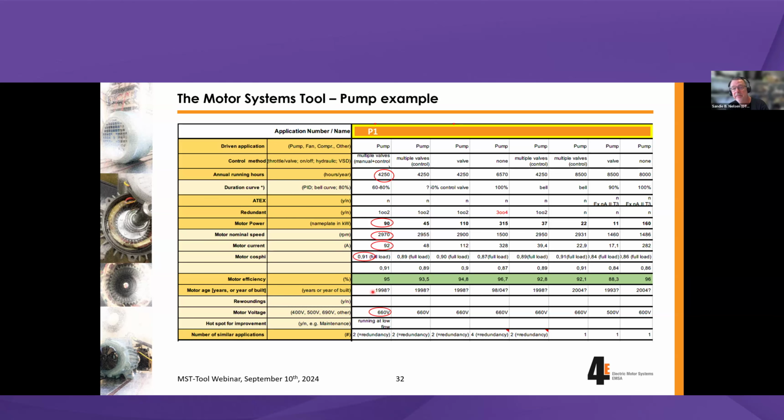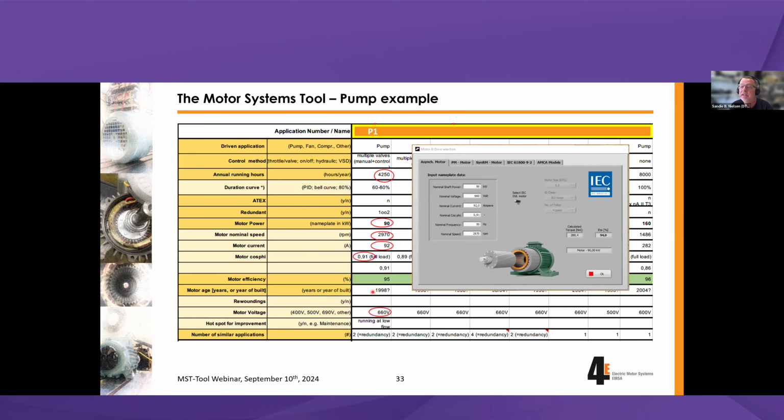So this was the information we had, and that means that I basically put those numbers into the asynchronous motor tabulation: 90, 660, 92 amps, 0.191, 50 hertz, and 2970. From these numbers, I can calculate the nominal torque of the machine and also the nominal eta.